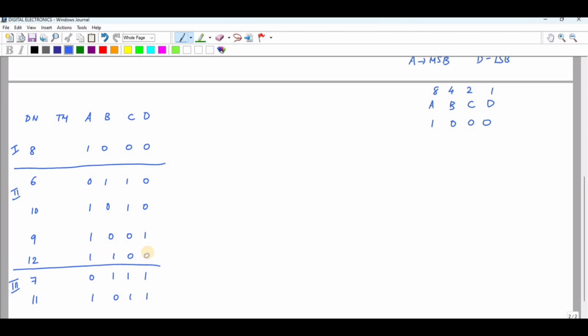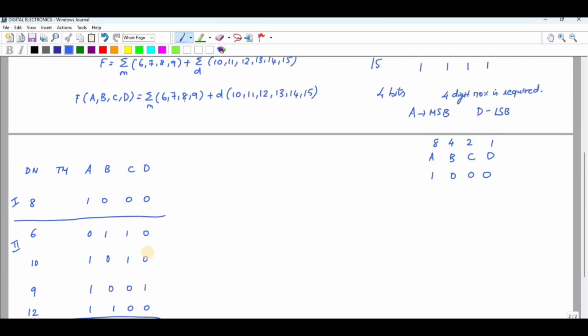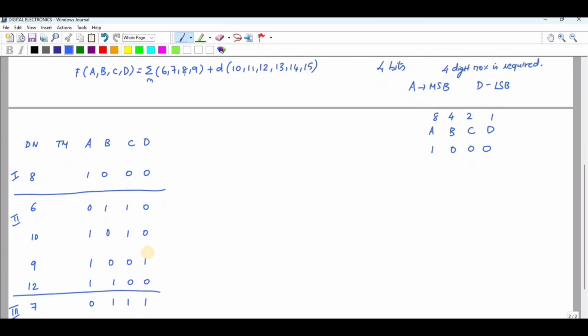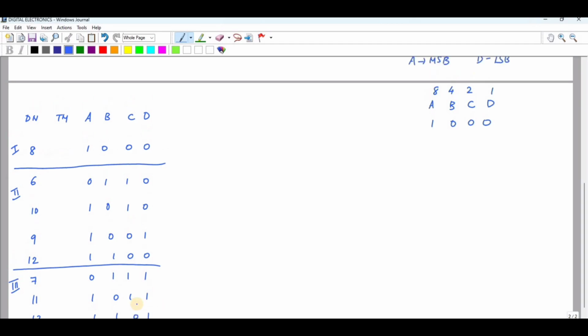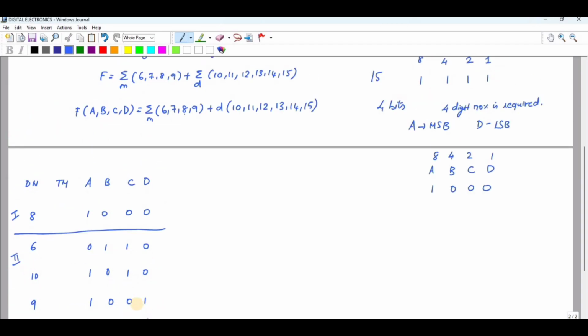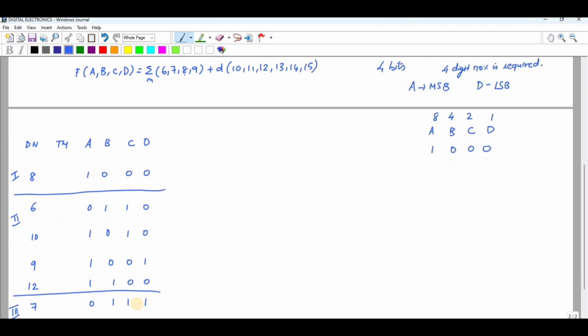Then 13. How to represent 13? 1 1 0 1, that is 8 plus 4 plus 1. Then how to represent 14? 14 is 1 1 1 0.